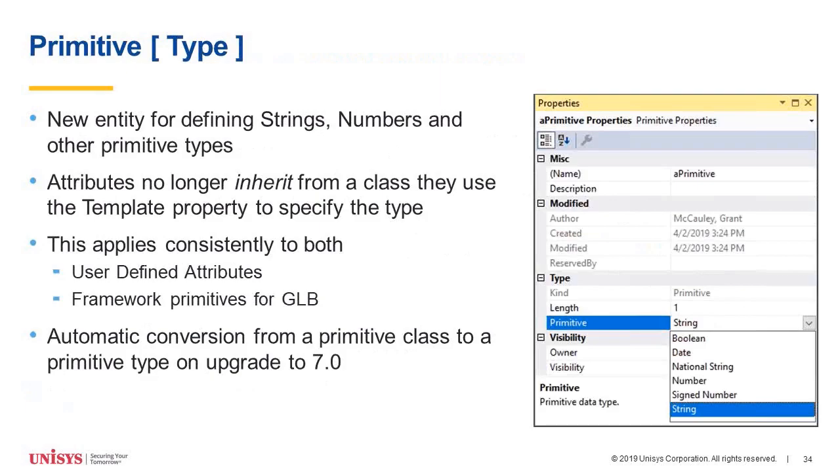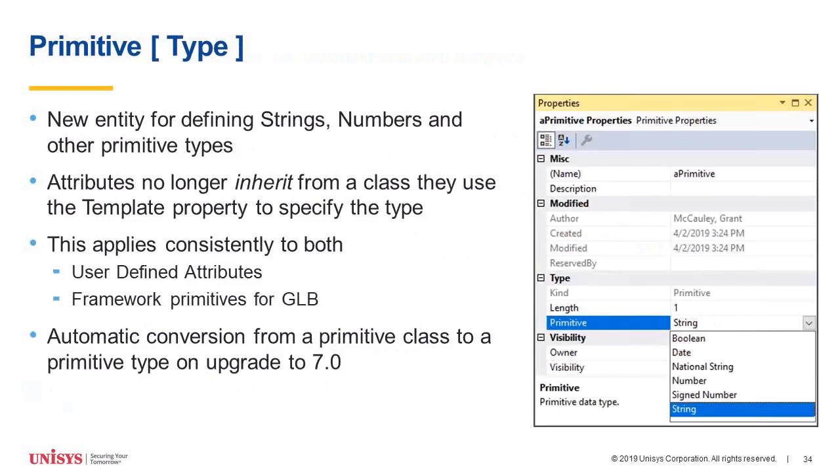You can use the template property to specify what the type is, and I'll touch on that a little differently in a subsequent slide. Now, this applies both to your user-defined attributes as well as the framework attributes, most commonly all the primitives associated with GLB, and I'll touch on that in a subsequent couple of slides.